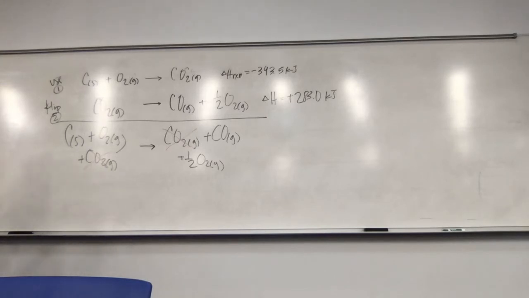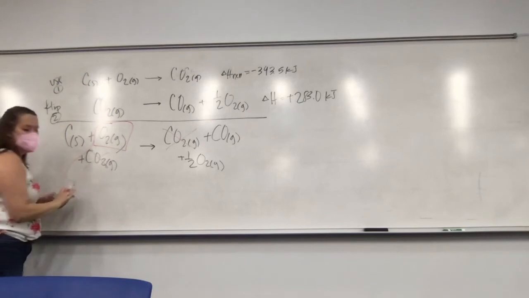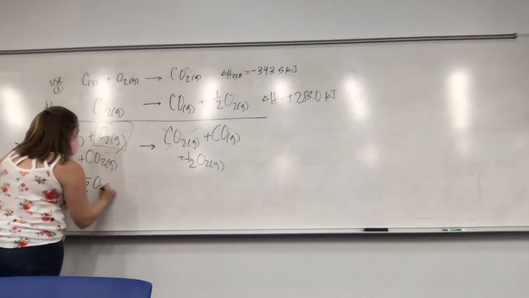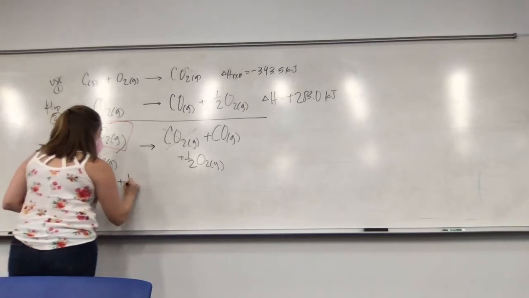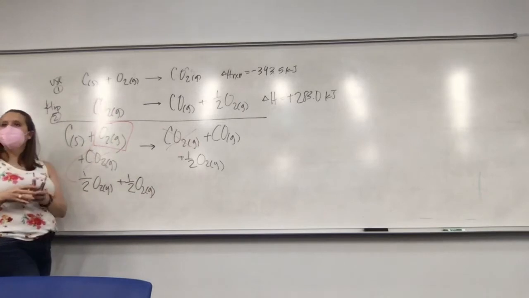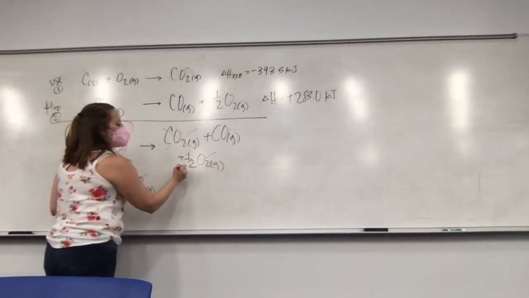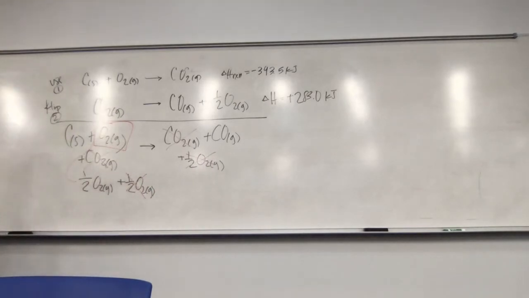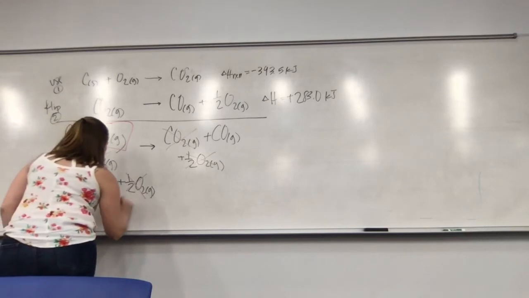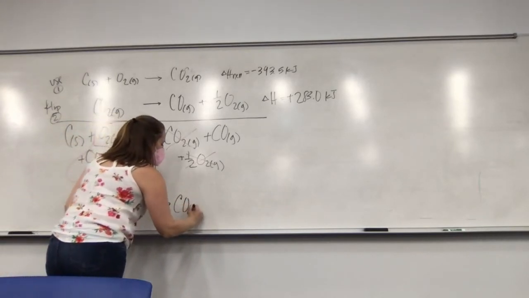You could rewrite this as 1/2 O2 gas plus 1/2 O2 gas. And that would make it a little easier for you to see that we're just going to remove 1/2 mole from each side, which gives us carbon solid plus 1/2 O2 goes to carbon monoxide gas.